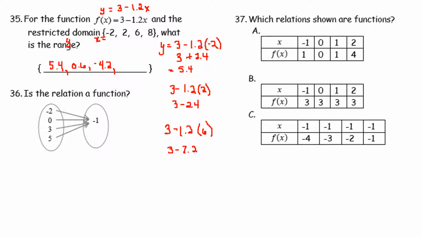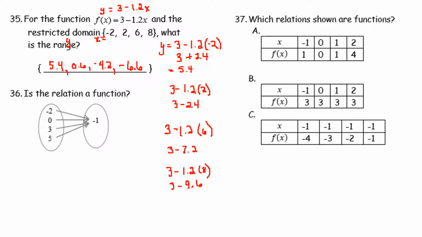And then the last one, 3 minus 1.2 times 8. And that's going to be 3 minus 9.6. And 3 minus 9.6 is a -6.6. So right there, 5.4, 0.6, -4.2, and -6.6. Those are our range values for that given domain.